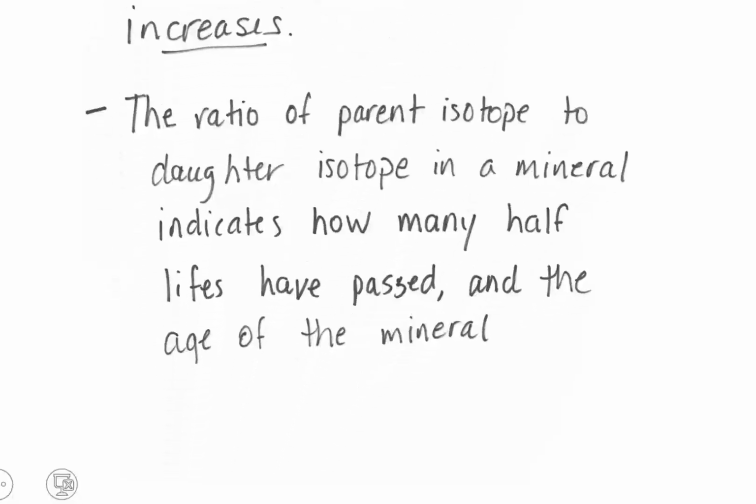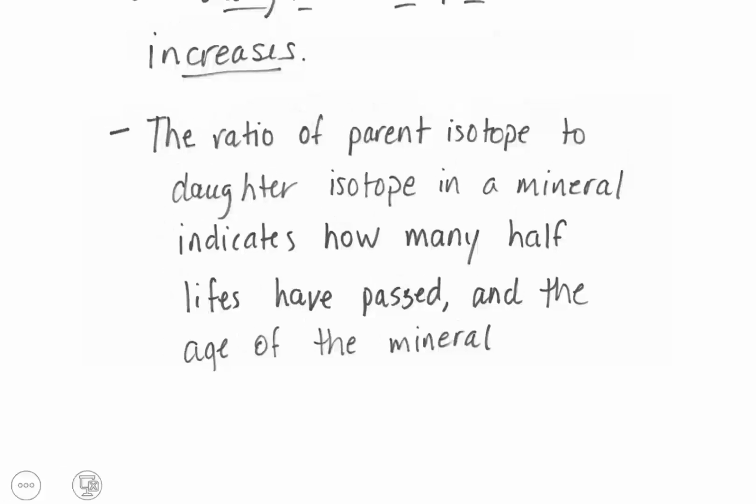And since we know the half-life of our different radioisotopes, we can use the number of half-lives to just do simple arithmetic and find the age of the mineral itself. Okay, so very simple concept. The more time goes on, the less radioactive parent you're going to have, the more daughter you're going to have. So that ratio of number of parent to number of daughter isotope is going to change systematically over time.